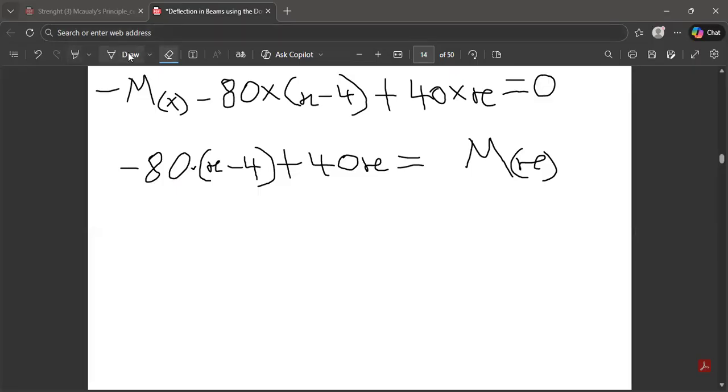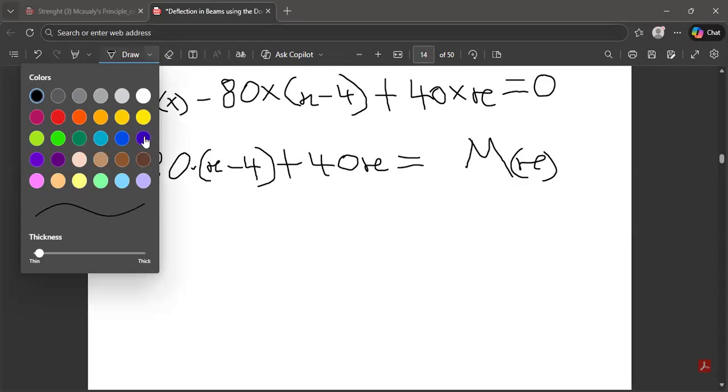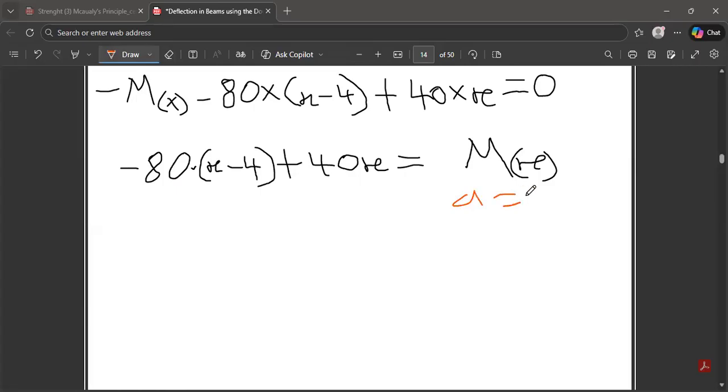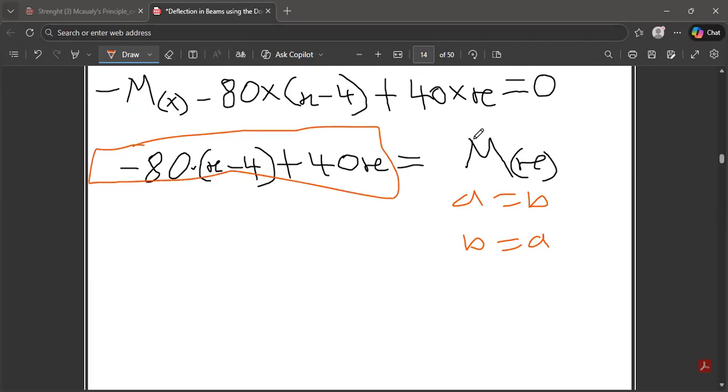I told you the other day that if A is equal to B, then it implies that B is also equal to A. So if the whole of this relation is equal to just this, then this can also be equal to the whole of this.